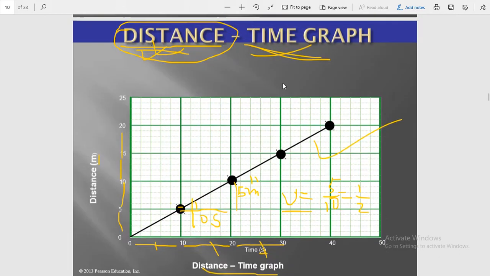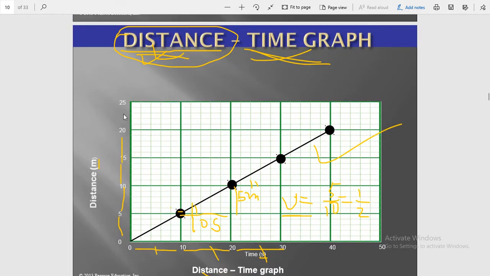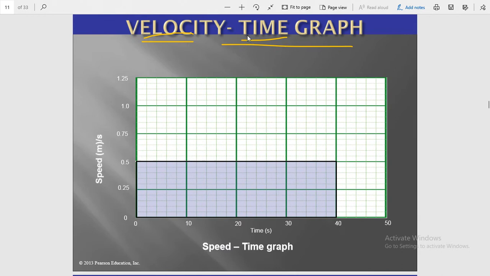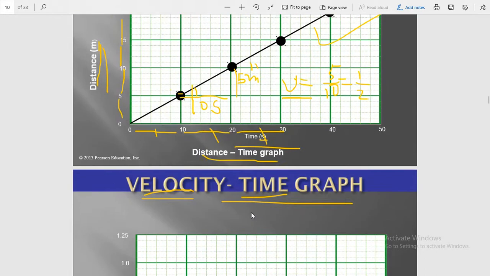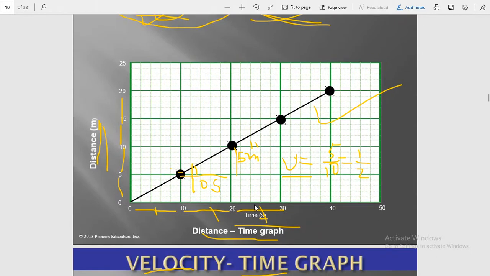In this distance time graph, on the y-axis we plotted distance or displacement, and on the x-axis time. But in the velocity time graph you can see on the y-axis displacement is replaced by speed or velocity, and the x-axis is the same, time. We can replace this speed here and time here, but for simplicity or uniformity we are doing this, means we always plot time on the x-axis and other quantities on the y-axis.